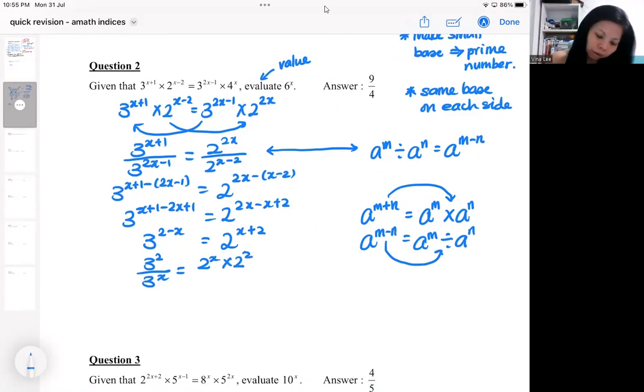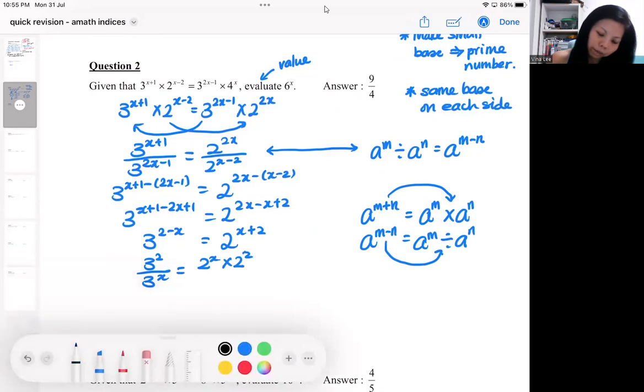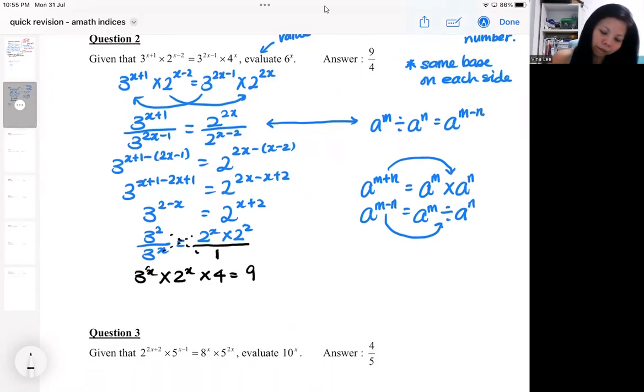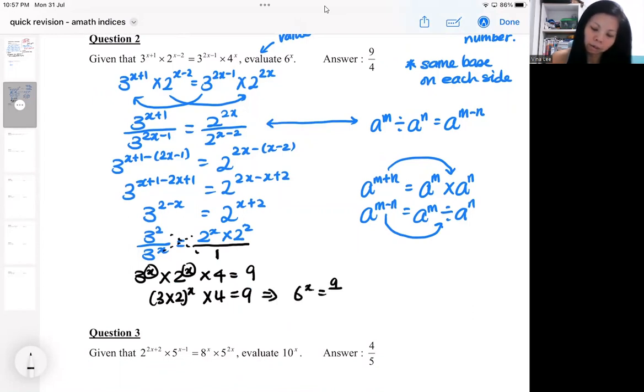Then you can think about it as a cross multiplication. If you look carefully, these two have the same power, meaning you can multiply them. And from here, you will get 6 power x equal to 9 over 4.